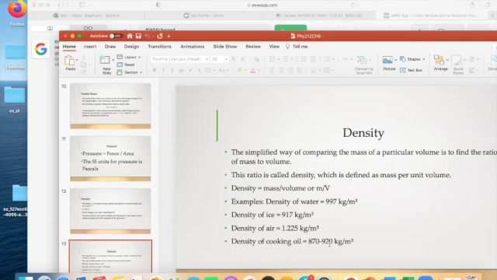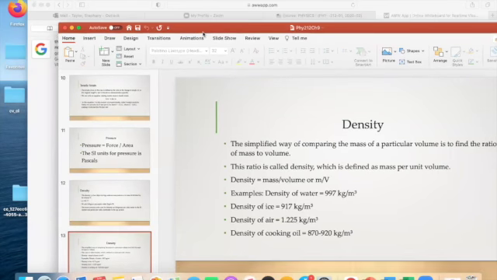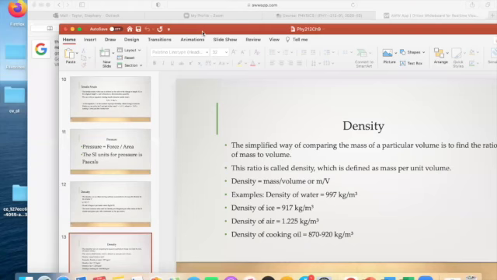Because air is less dense than water, they are able to stay afloat. The air, which is 1.225 kilograms per meter cubed, is less dense than the water, which is nearly 1,000 kilograms per meter cubed. More dense sinks, less dense floats.